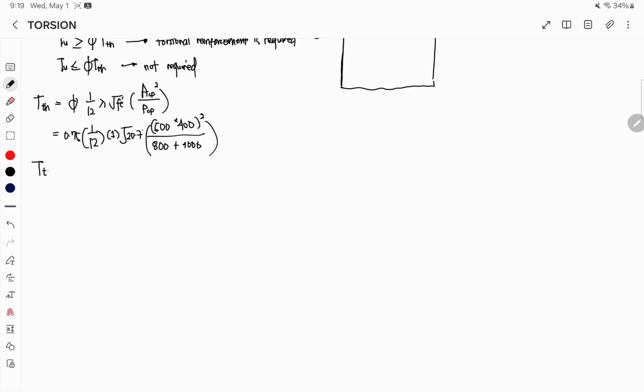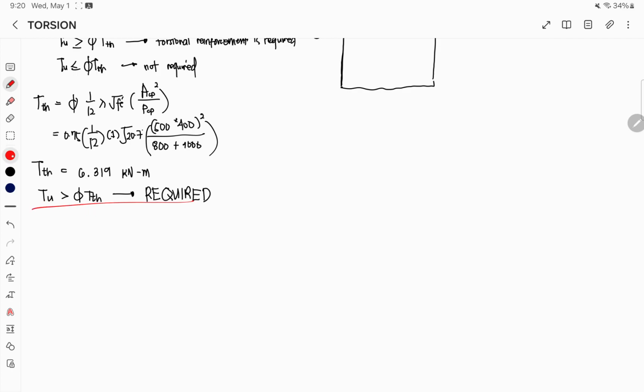So the value of Tth is equal to 6.319 kilonewton meter. From this value, we can say that Tu is greater than phi Tth, which means the torsional reinforcement is required. That would be step 1.